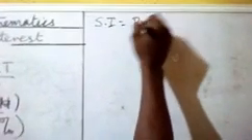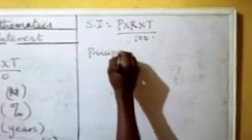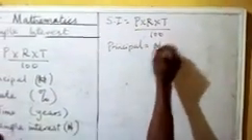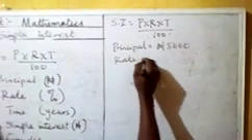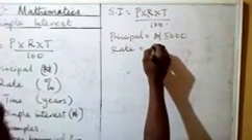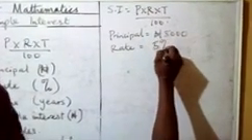equals principal times rate times time over 100. So our principal here is 5,000 naira. Okay, the rate is 5%.